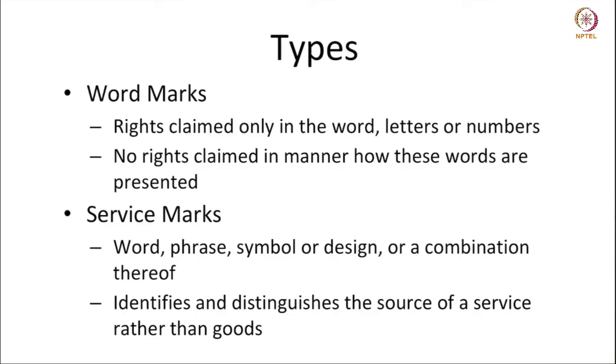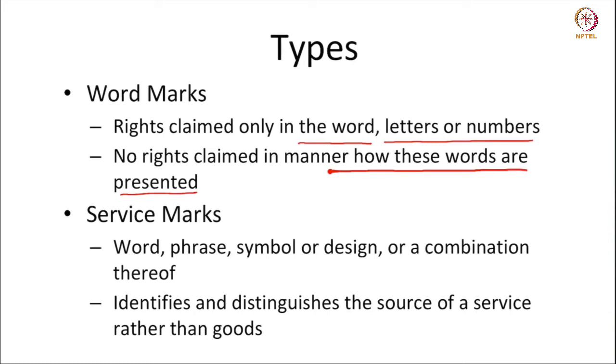Word marks claim the right to use the word alone, or letters or numbers. There is no right claimed in a word mark in the manner in which these words are presented. So word marks are marks which pertain to a word alone, and it gives the right only for the use of the word or the letters or the numbers.